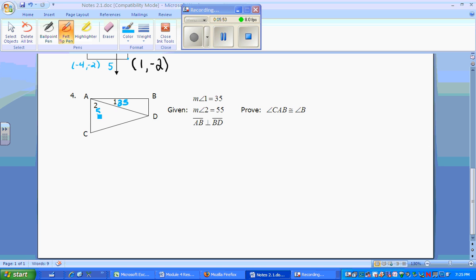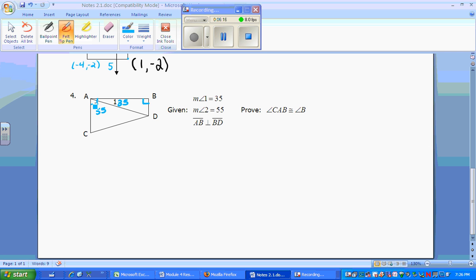Angle 2 is 55. AB is perpendicular to BD, causing a right angle right here. Well, if we add 55 and 35 and use our angle addition postulate, this would be 90 degrees also. And we've learned back from 1.4 that all right angles are congruent.